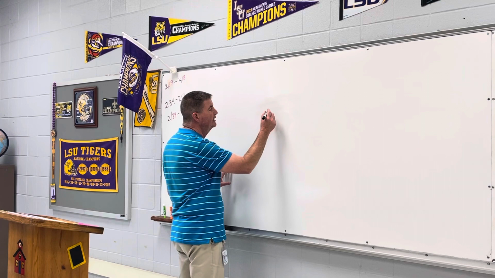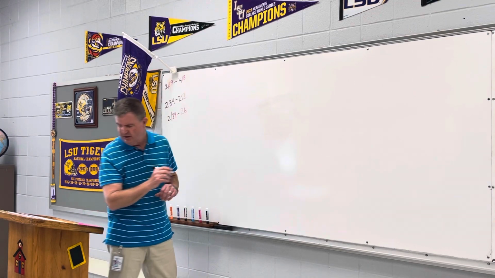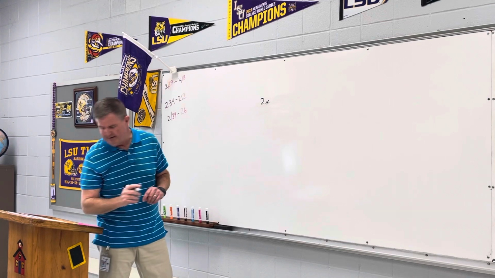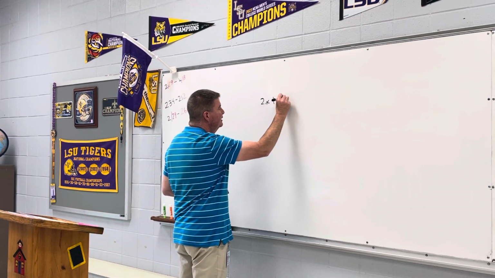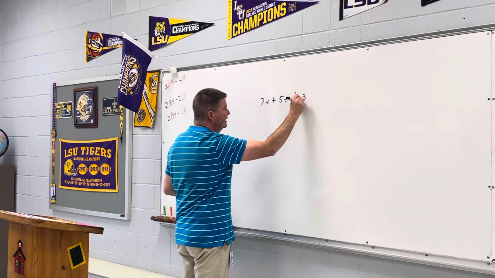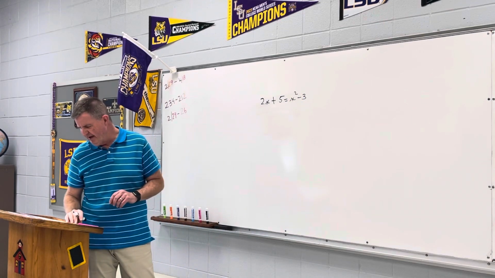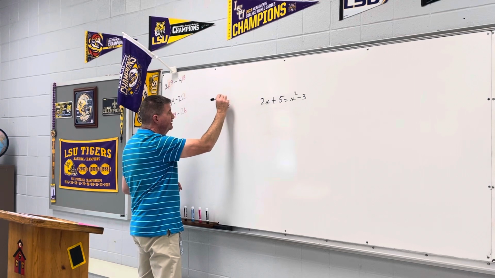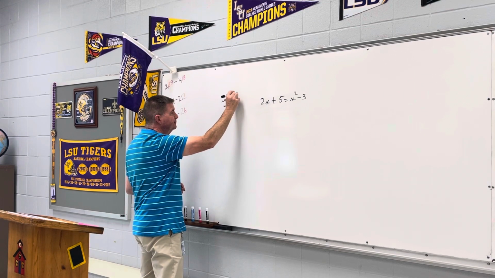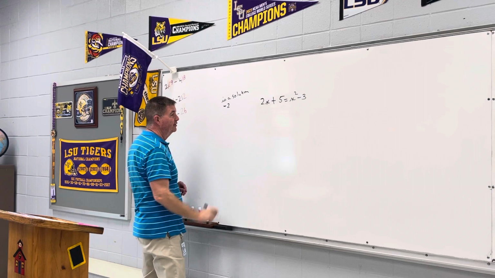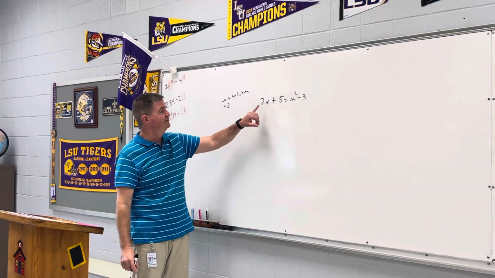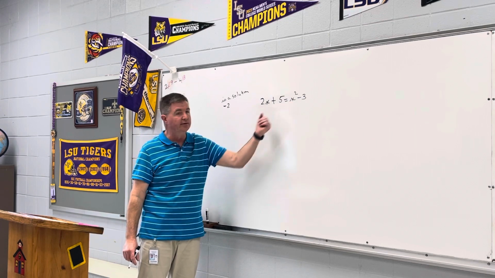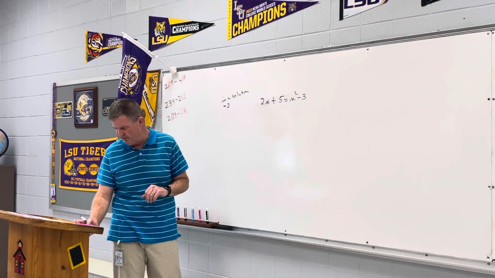So let's go ahead and write the equation given to us, which is 2x plus 5 equals x squared minus 3. They want to know, is negative 2 a solution? In order to figure that out, we're going to plug in negative 2 everywhere we have x's and see if the numbers on either side are then equal to each other.